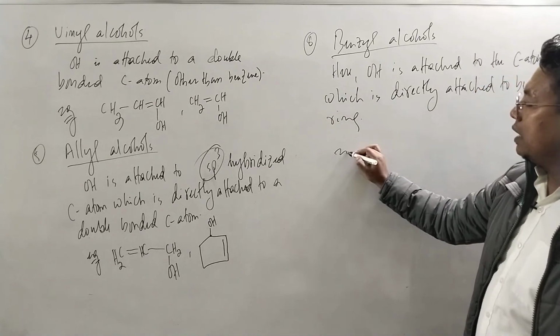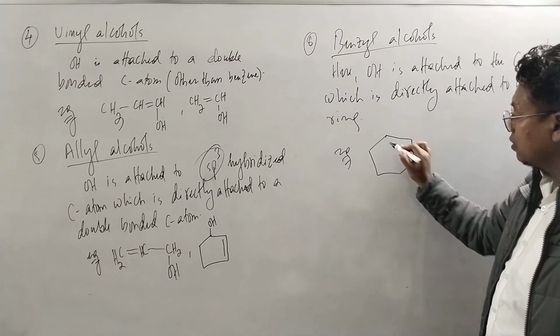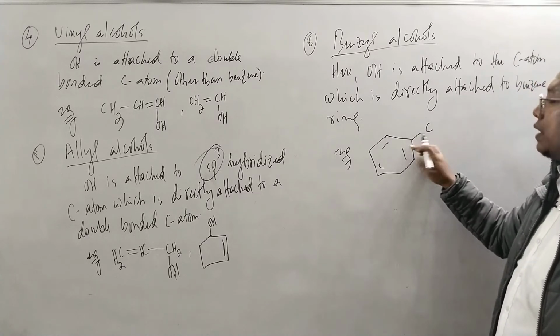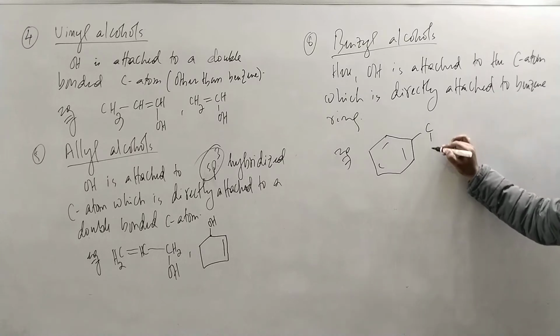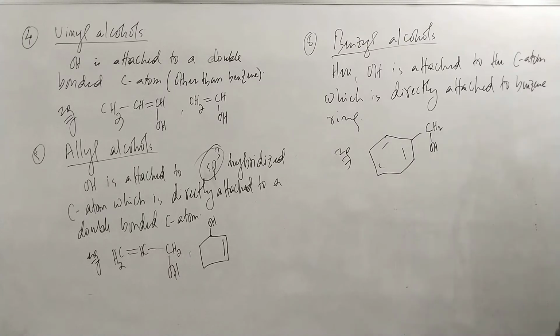Okay, let me give one example. This is benzene, and this is the carbon atom which is directly attached to benzene ring. This carbon atom is a benzyl carbon atom, and OH must be attached here. This becomes an example of benzyl alcohol.